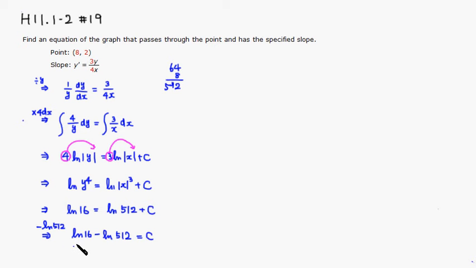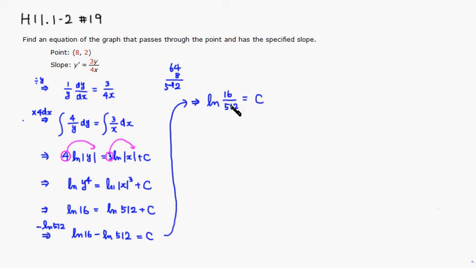If you have a subtraction, we can write it as natural log of 16 over 512, which is equal to c.